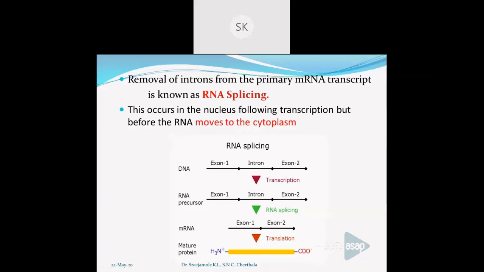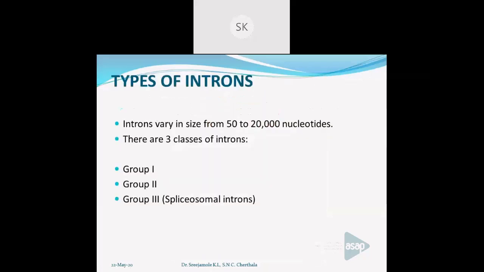Next we will see in detail what factors are involved in splicing and how splicing happens. Before that, we have to understand that there are different types of introns, categorized based on how they get spliced.